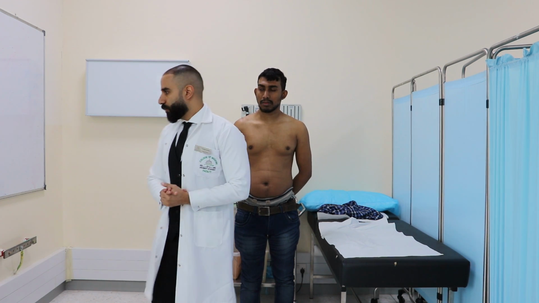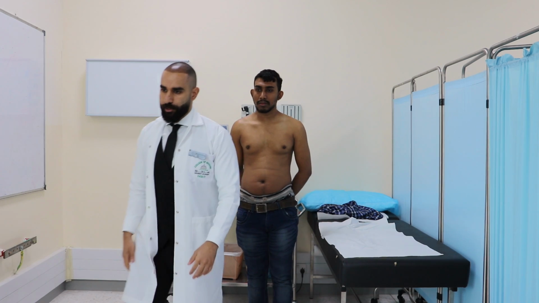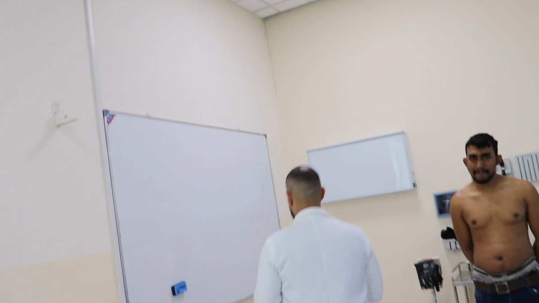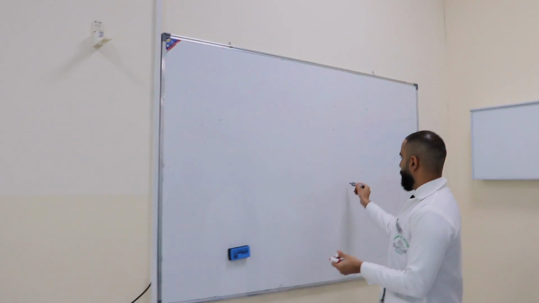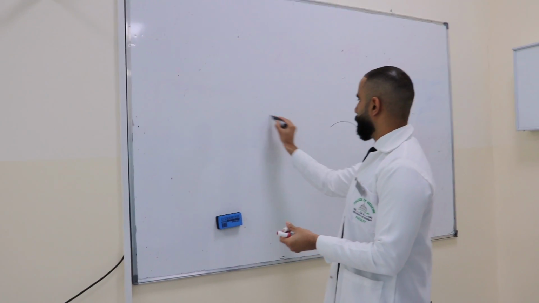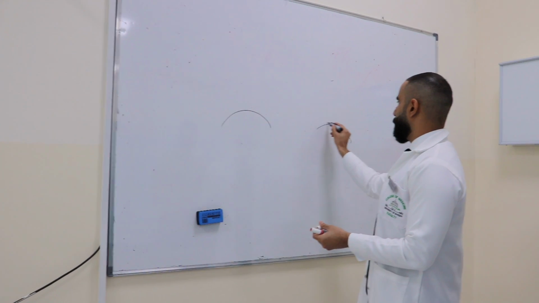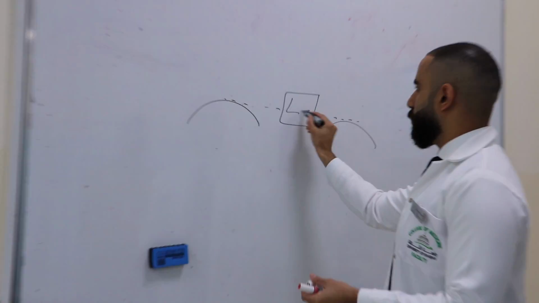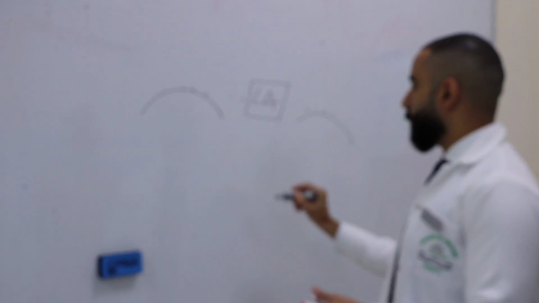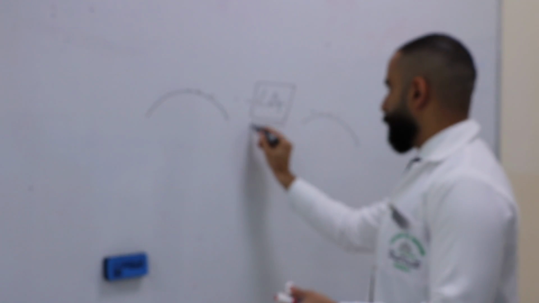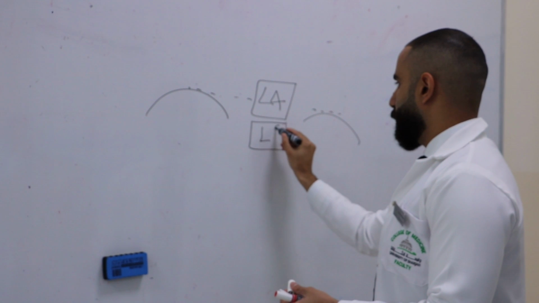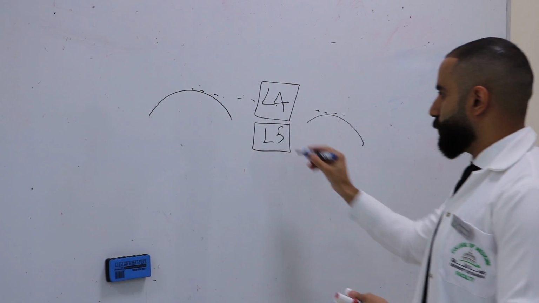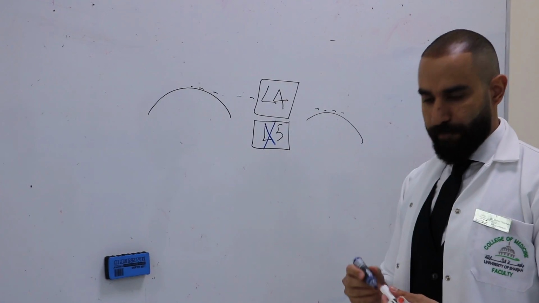So how can we do that? So simply what we're going to do is, we're going to draw an imaginary line. So let's say that this is the iliac crest of the patient. So usually the iliac crest is at the level of the L4 vertebra. Then I will just go down until I reach the level of L5. Now, on the L5 vertebra, this will be my reference point.